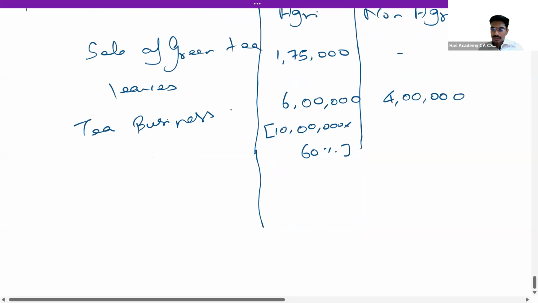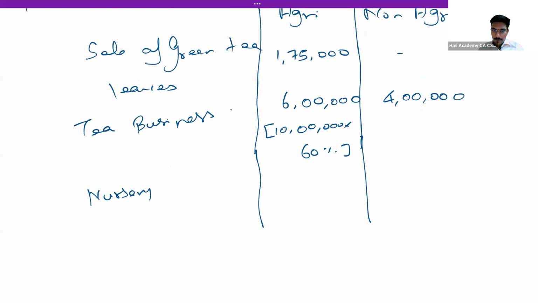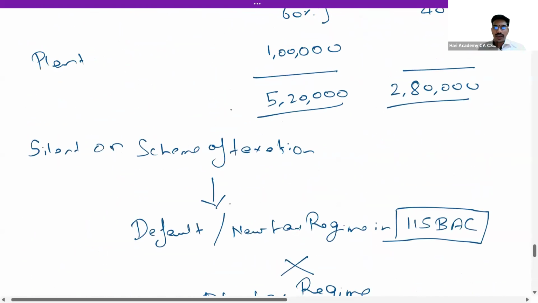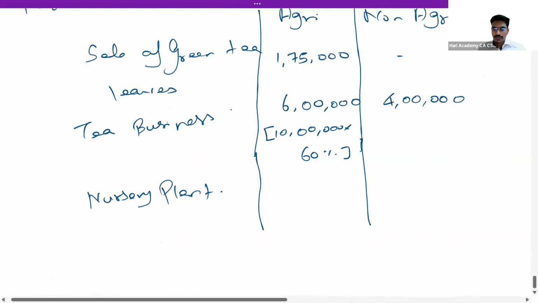The next point is nursery plant. The income from nursery plant is fully agricultural income. It is 1 lakh.